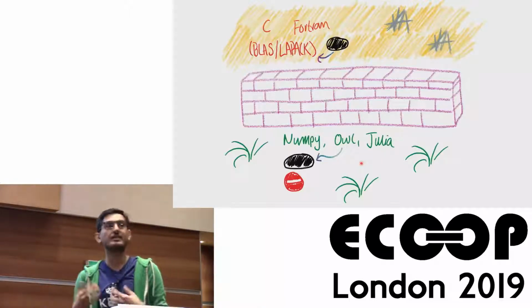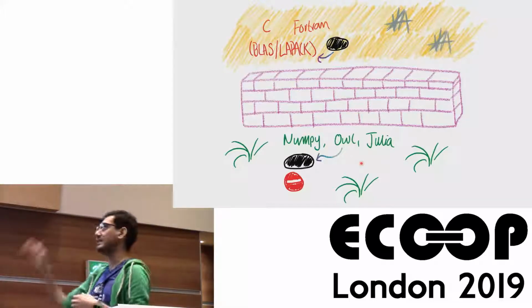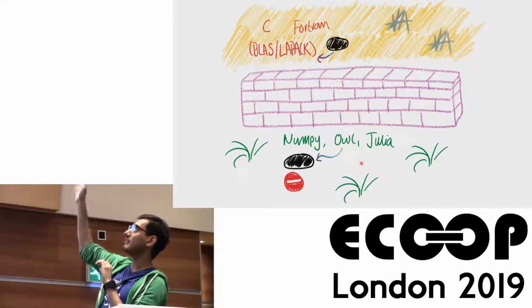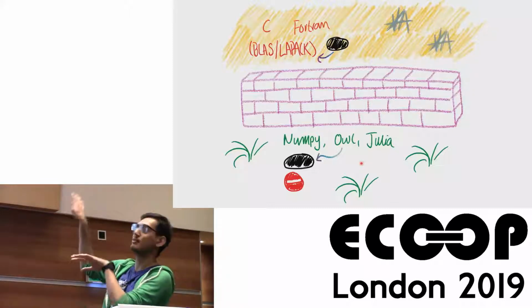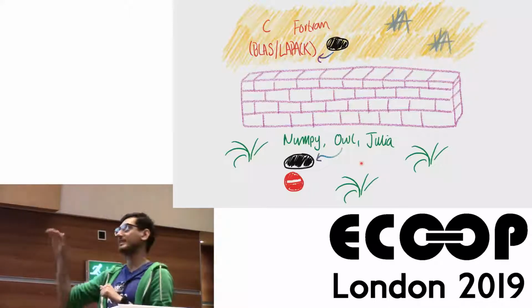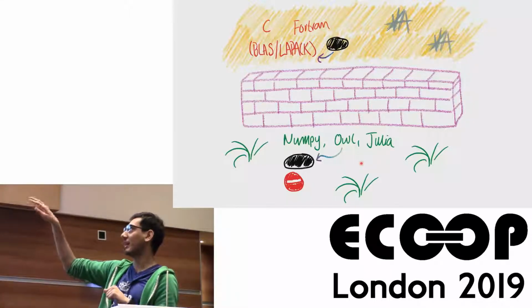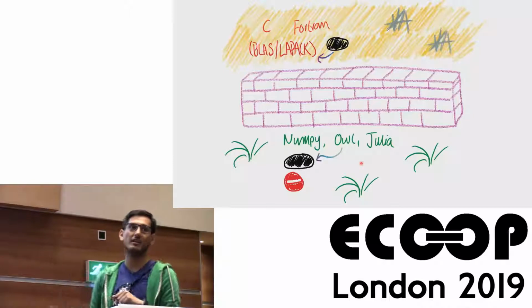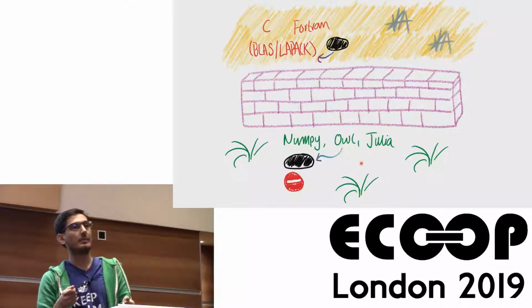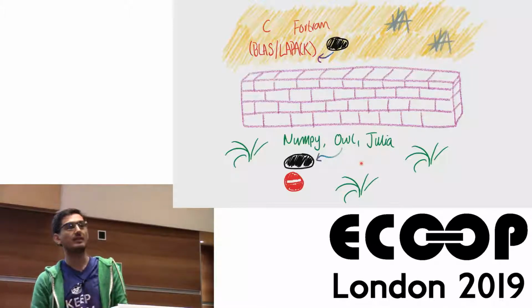So you end up with a dichotomy of safe and easy-to-reason-about code on one side, and efficient but dangerous C and Fortran code on the other. You also have, in some cases, escape hatches from the NumPy, OWL, Julia world into the other side to let you do low-level programming, but then you lose all the guarantees you had in the first place.